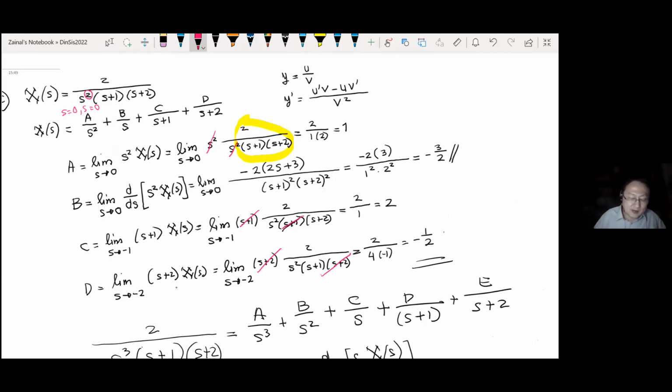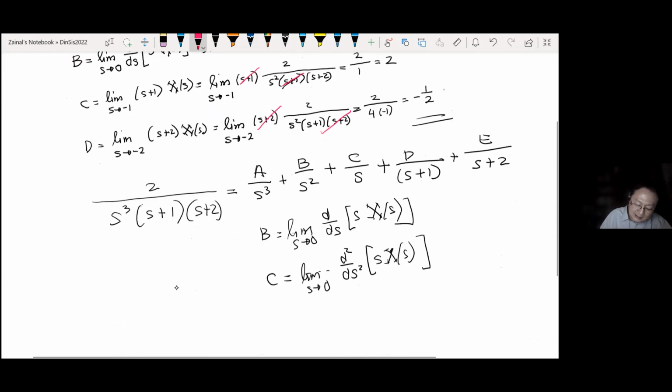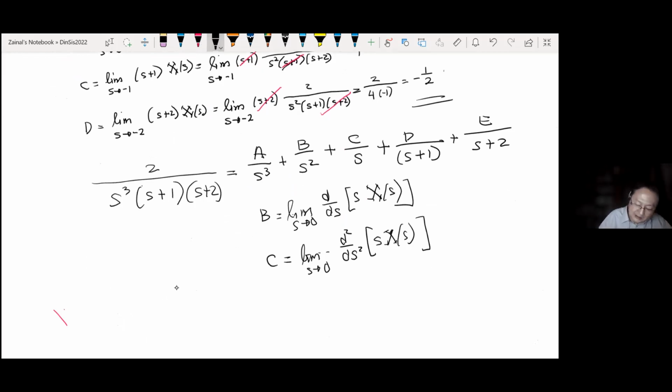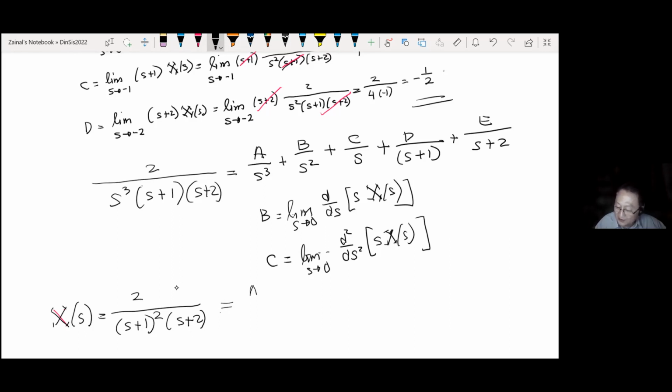Even if you have something like X(s) supposed to be divided by s plus 1 squared multiplied by s plus 2, if you expand this one, then you have to expand twice: A divided by s plus 1 squared plus b divided by s plus 1 plus C divided by s plus 2.